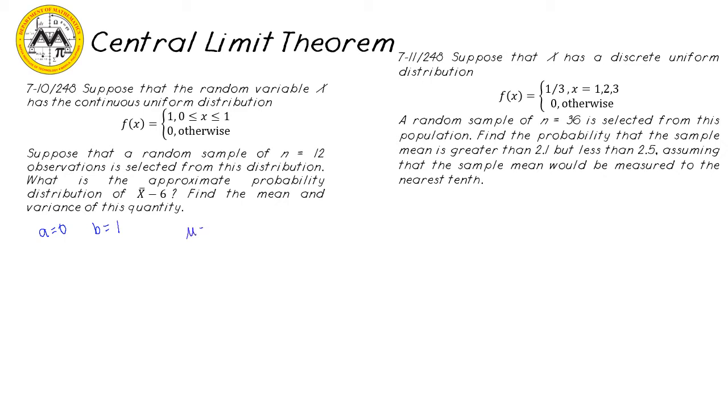So the mean is a plus b over 2, so this is 1/2. While the variance is 1 minus 0 squared over 12, b minus a squared over 12. So this is 1 over 12.